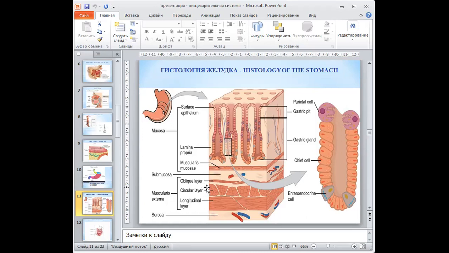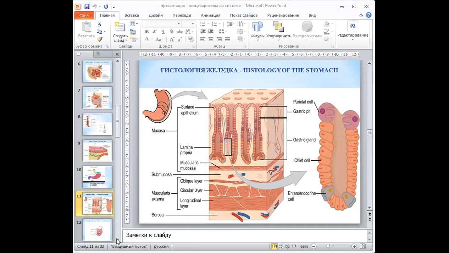Muscle of the stomach. The wall of the stomach consists of 3 layers. The outer layer is longitudinal, the medium layer is circular, and the inner layer is oblique. There are the pyloric sphincter and pyloric valve between the stomach and intestine. The outside of the stomach is covered by the serous layer, which is part of the peritoneum. The stomach has an acidic environment.